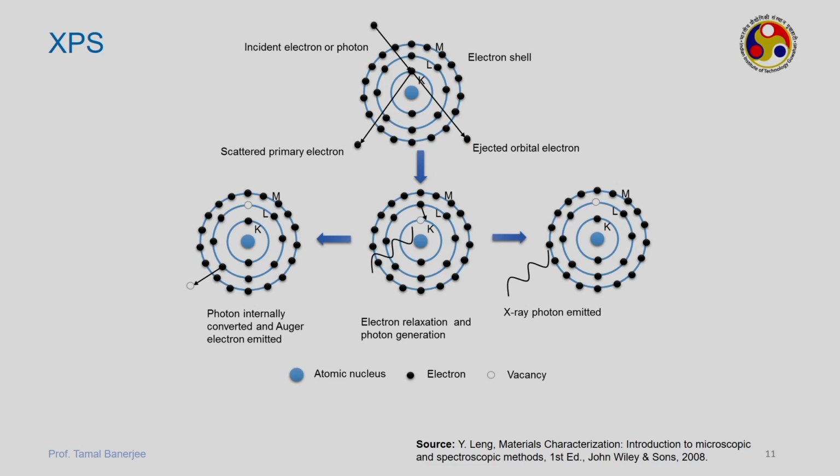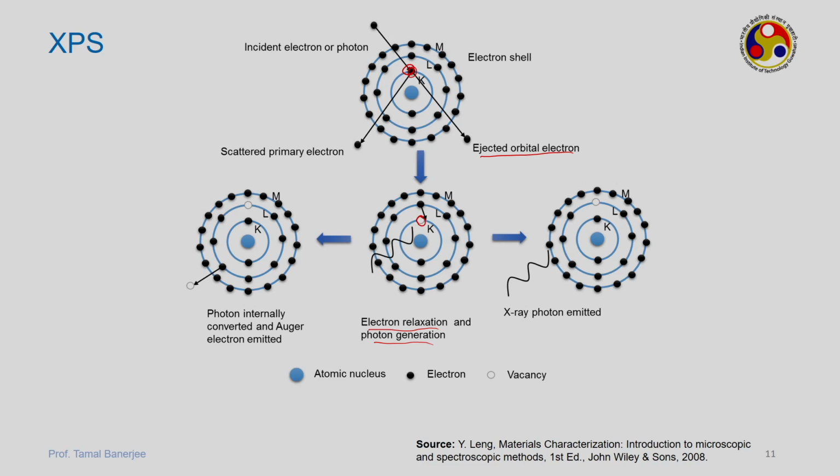Whilst this electron is ejected out, the atom is in an unstable position, in an ionic state. Now, this electron is ripped off here, so an outer L shell electron will try to occupy the K shell. While it occupies the K shell, there is electron relaxation and photon generation, because first the entire structure will relax.